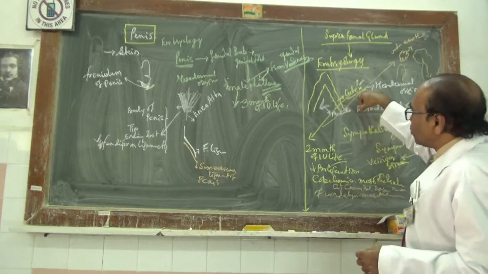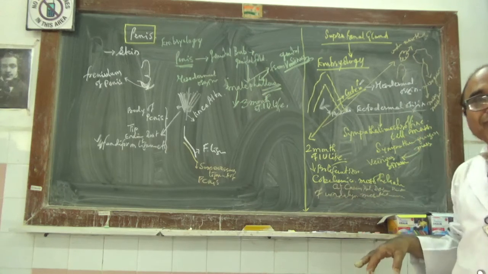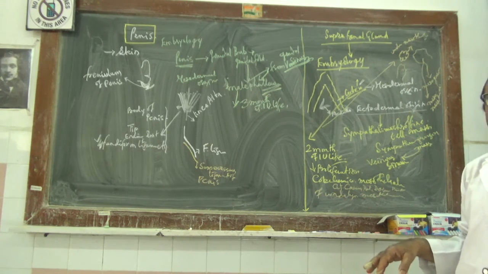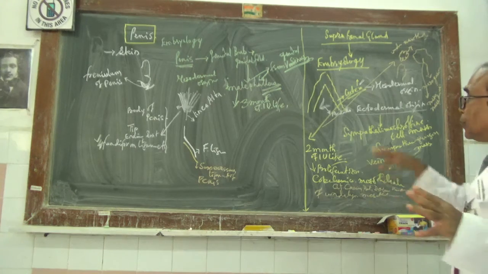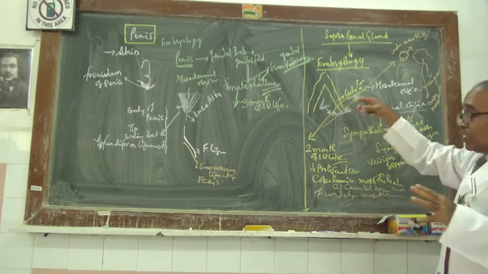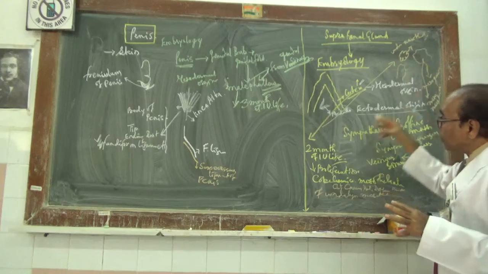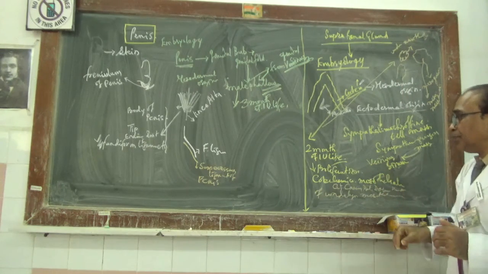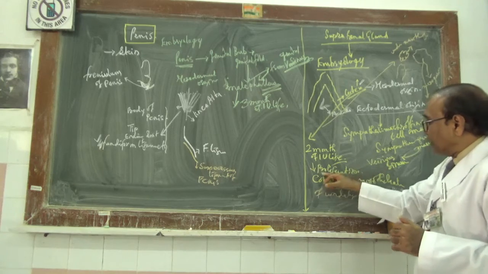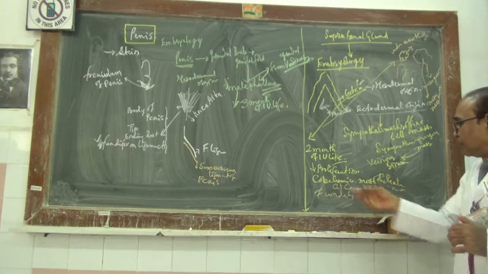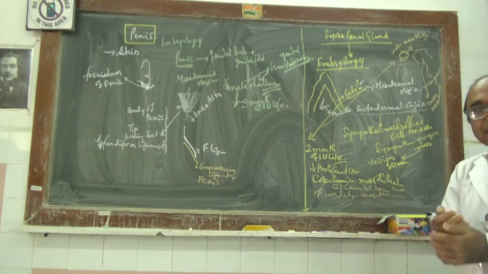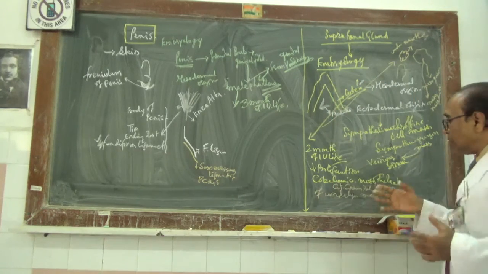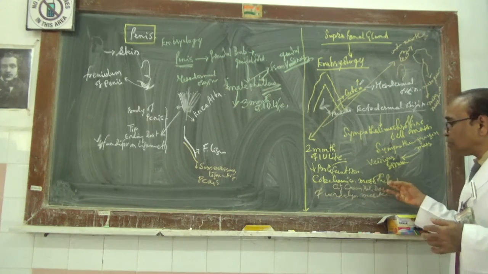So the cortex has about three portions: zona glomerulosa, zona fasciculata, zona reticularis. Now these all will develop in the second month of uterine life, by the proliferation of coelomic mesothelium. Coelomic means one columnar, tubal-like part of the mesothelium.